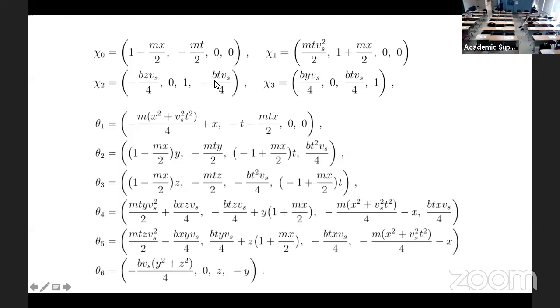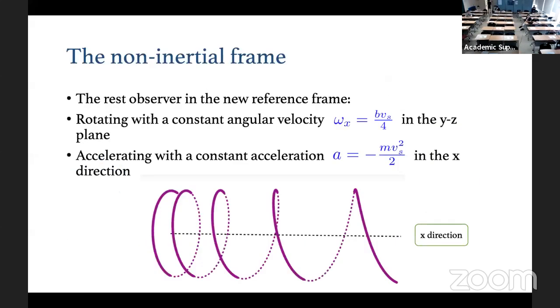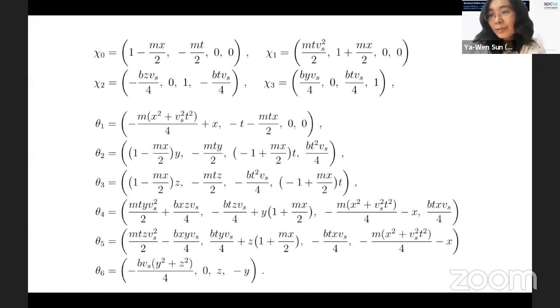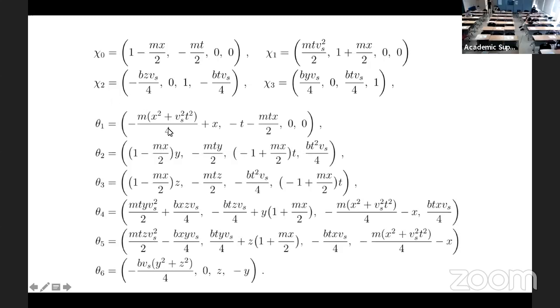So your system originally was starting from the flat spacetime, right? Yeah. And then this is the coordinate transformation which preserves the spectrum. Isometry? In the accelerating frame, so in the new frame, this is the coordinate transformation that preserves the spectrum. Yeah, you're right. So spacetime is still flat, right?